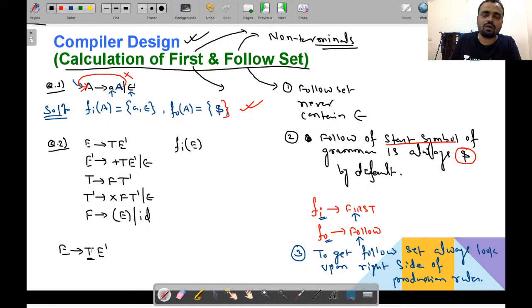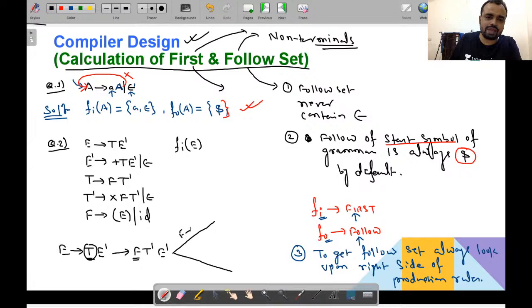क्योंकि इसका फर्स्ट कौन है? टी है। और कभी भी फर्स्ट एंड फॉलो सेट इट इज अ सेट ऑफ टर्मिनल्स, so from the t we cannot derive anything, so what we have to do, we have to reduce the t. So once you will reduce the t, it will become f t dash, and this is the e dash. Now again the first is capital letter, that is the non-terminal. Again reduce the f. So one f can be reduced in two different manner.